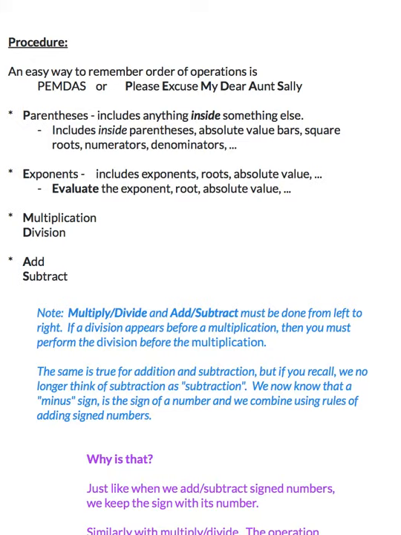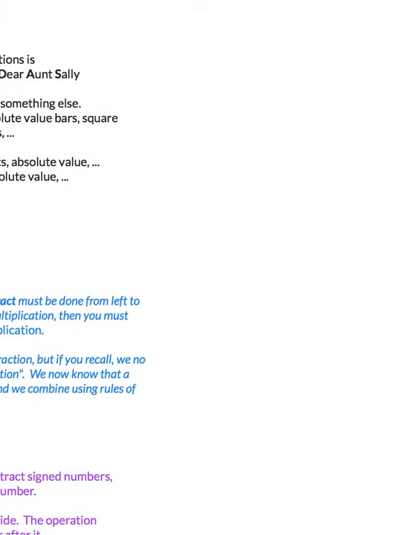So just to give you a quick example of what I mean by that, let's look at the following. If I say the square root of 25 minus 9, the first thing that I want to do is simplify inside the square root.